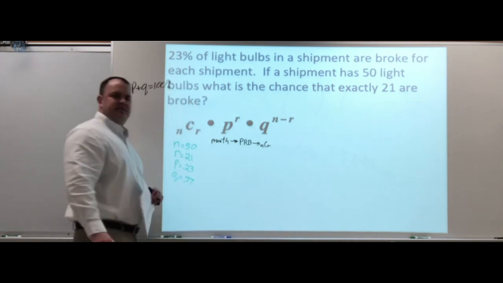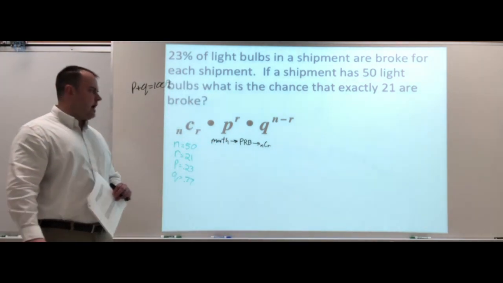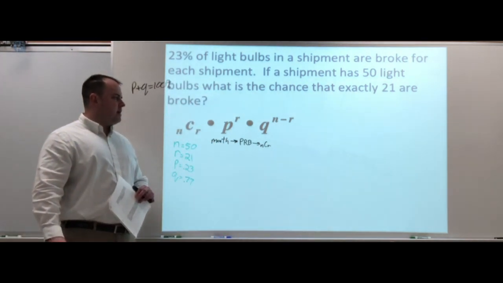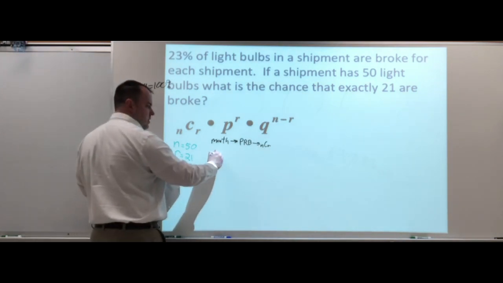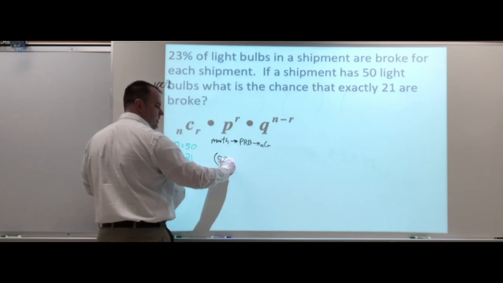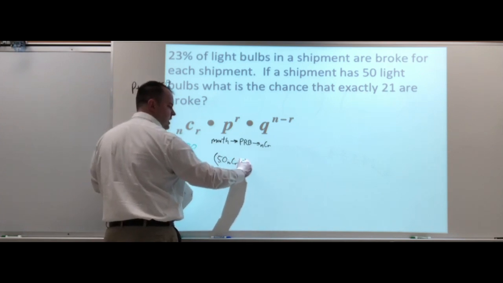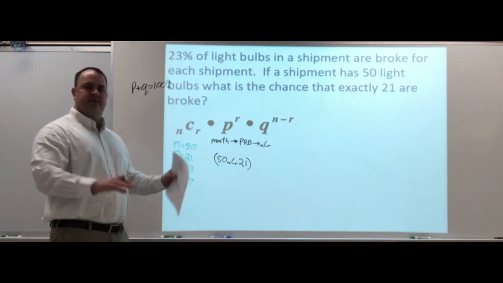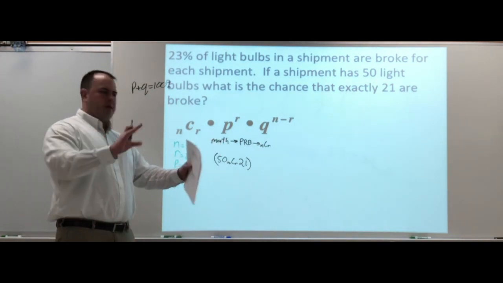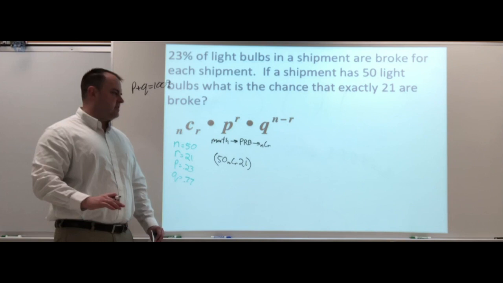That's where the nCr should be. So Math, PRB, then nCr. The way we're going to type this in: first plug in your total, 50 nCr 21. That takes care of the combination, figuring out how many ways, out of this set of 50, I can arrange those 21 successes.